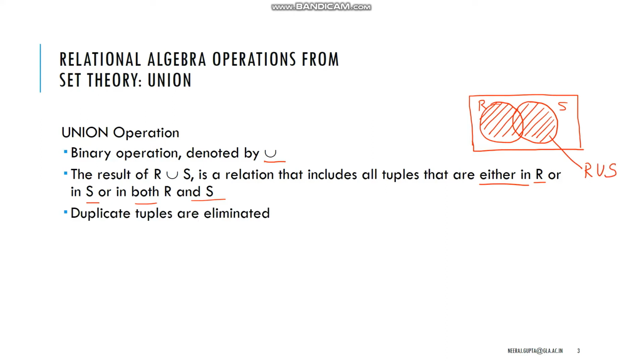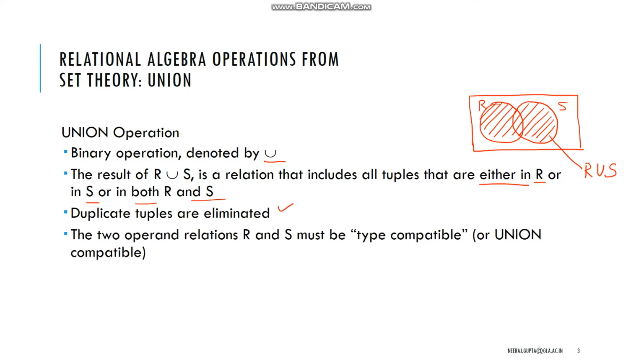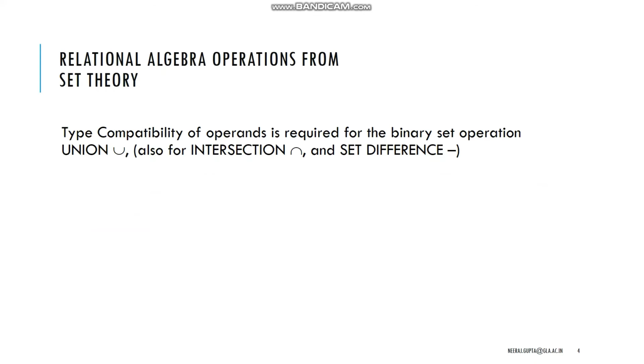In the case of set operations, duplicate tuples are eliminated. And the two operands R and S must be type compatible or union compatible. In the next slide, we see what is the meaning of type compatibility.